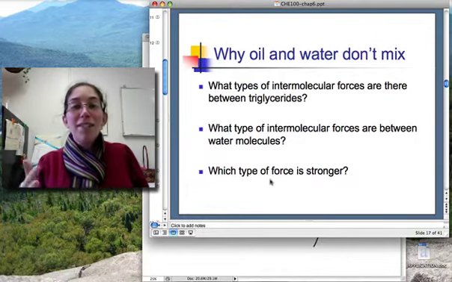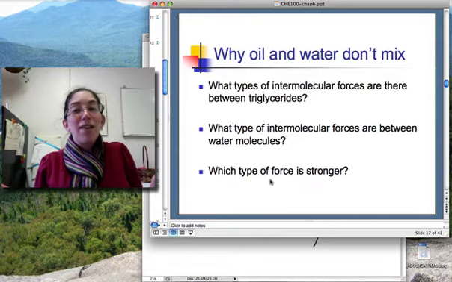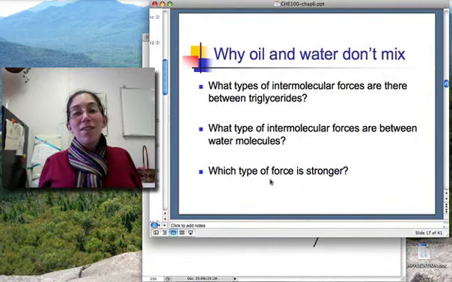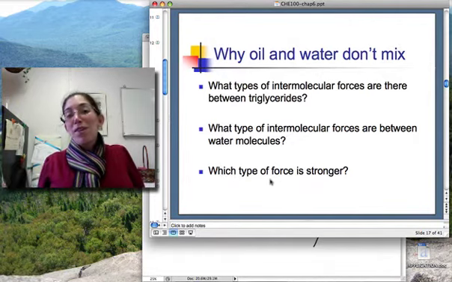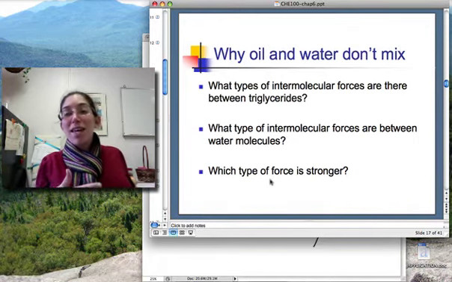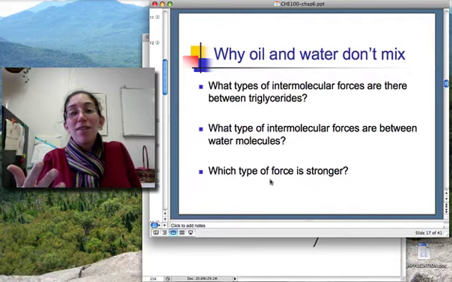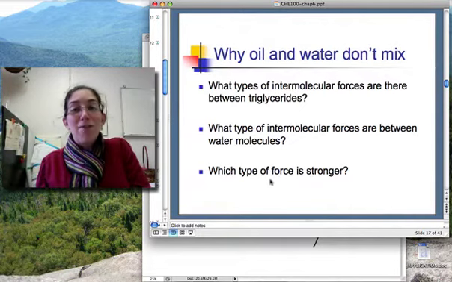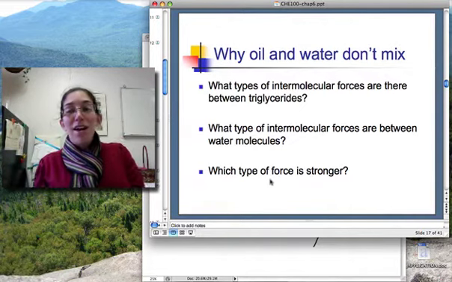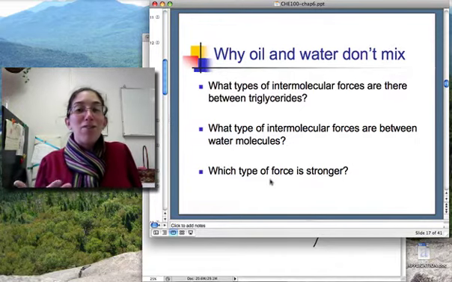They can't break into that clique because they can't form those strong bonds. So they are forced to stick together with their weak little London forces. They can't break the hydrogen bonds to have London forces. It's like you can't break up a strong friendship to have a weak friendship.